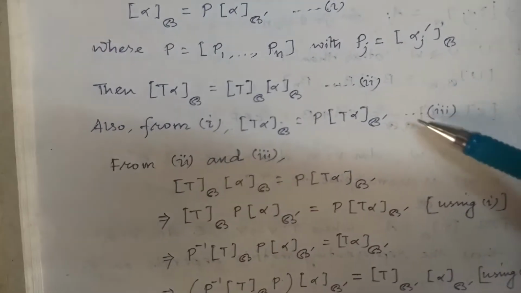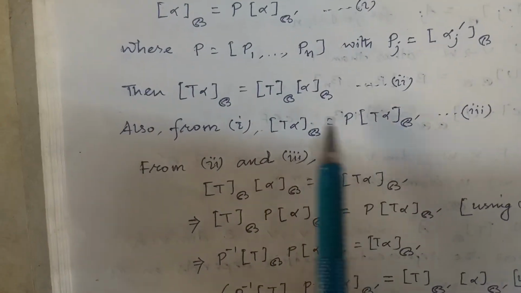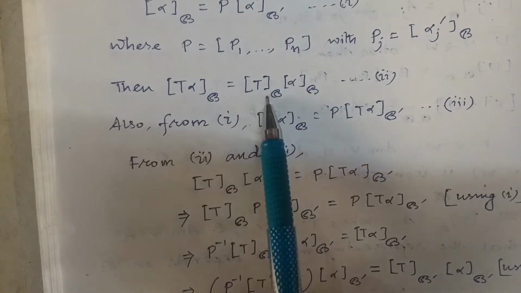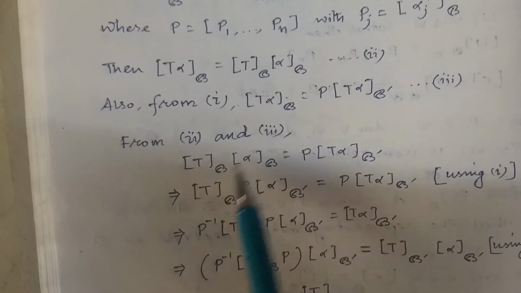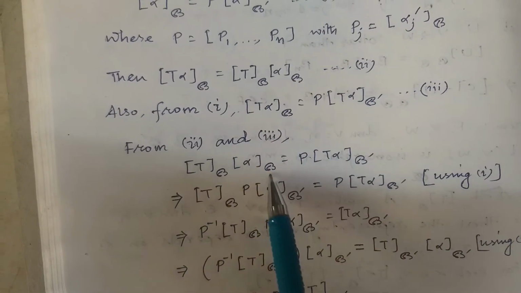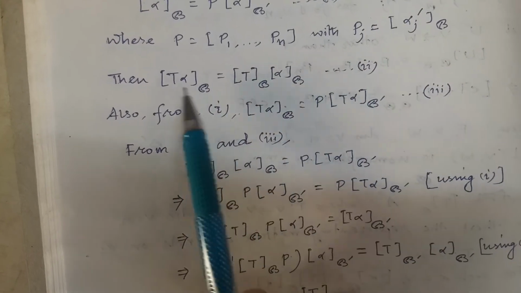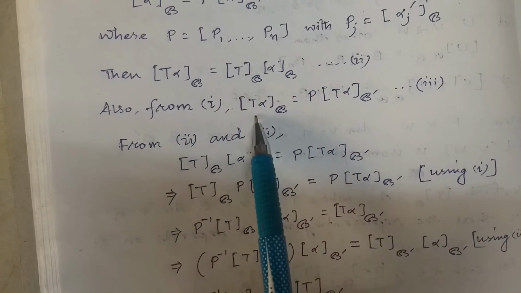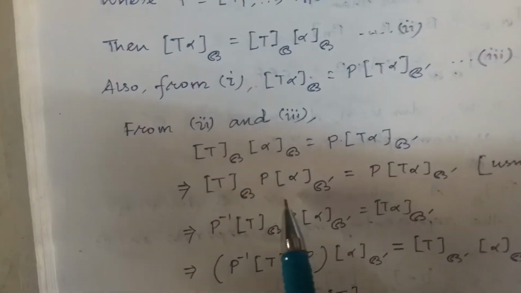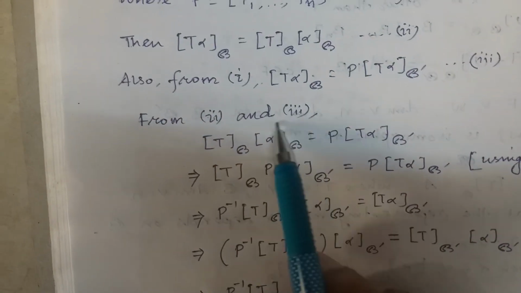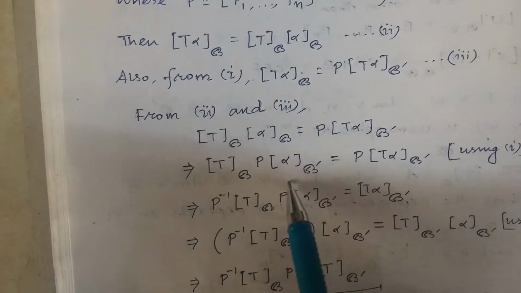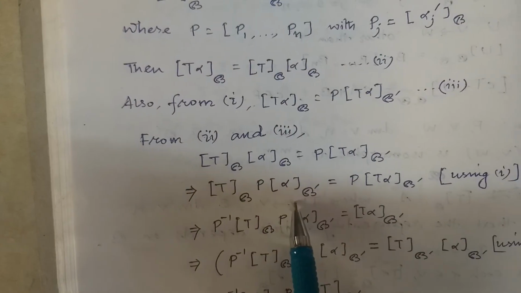Now from 2 and 3, the left hand sides are the same, so the right hand sides are equal. From 1, the coordinate of alpha with respect to B equals P into the coordinate of alpha with respect to B dash.